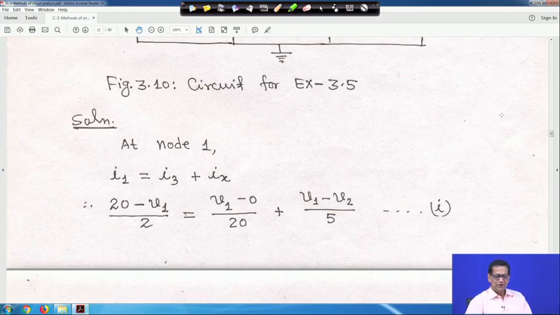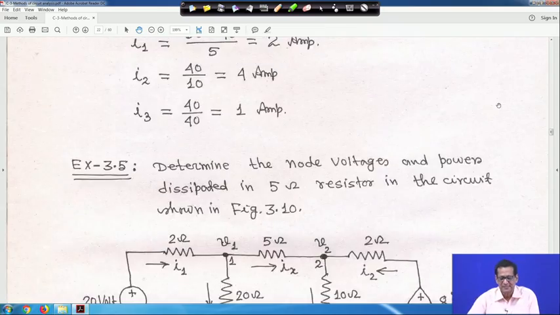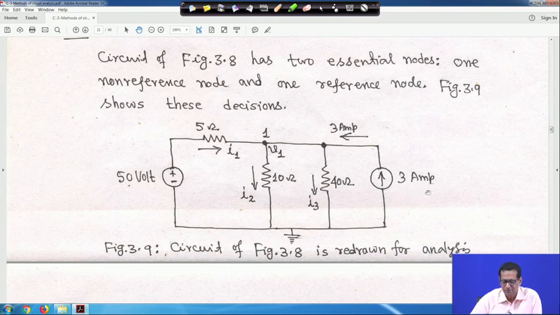So, at node 1, I1 is equal to I3 plus Ix. If you look at node 1, if you apply KCL here, it is I1 is equal to I3 plus Ix. Just hold on, let me clear it first.